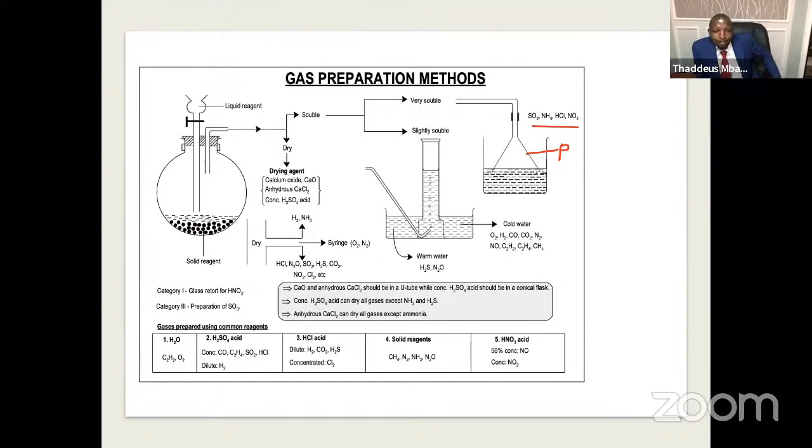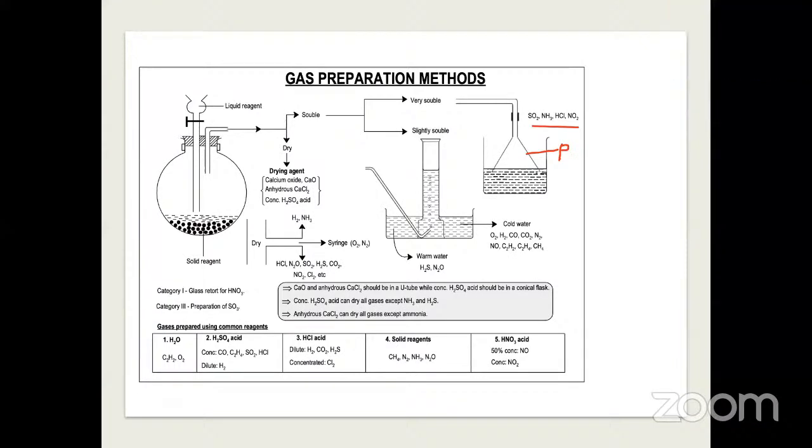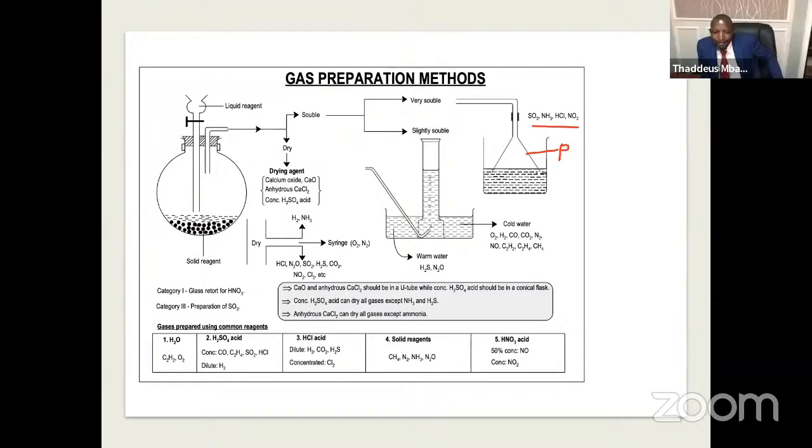Why? Please pardon. I've said that during preparation of chlorine, we pass it through water, and chlorine is also slightly soluble in water. Why are we able to pass chlorine over water, then over sulfuric acid, then collect it?